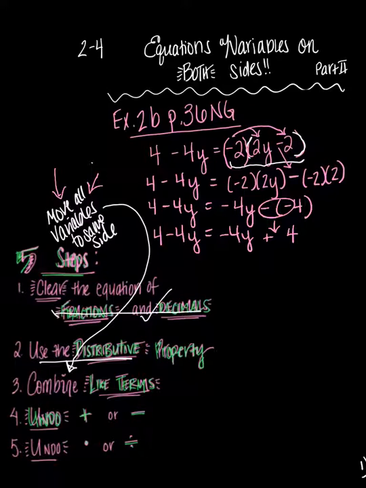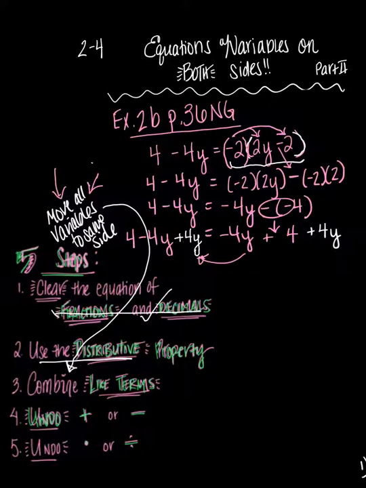So is there one side that has more y's than the other? Actually, no. So it doesn't really matter which side we want to move them onto. Why don't we move them this direction today? So if I want to get my -4y out, I'm going to have to add 4y to this side. What I do over there, I've also got to do over on the other side.